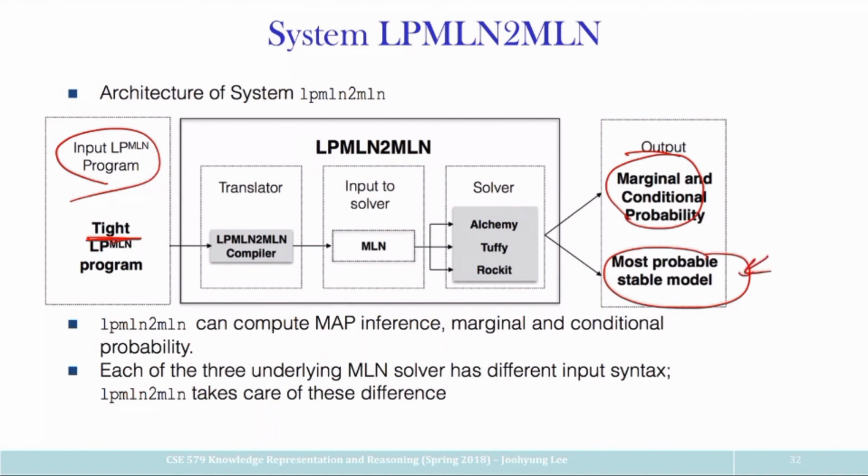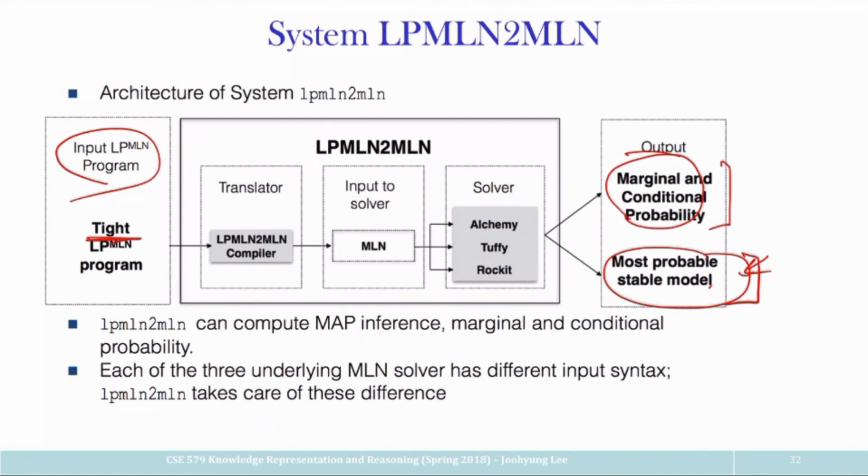But this computation is often time-saving. If you don't need to know the probability, but only need to know the most probable stable model, then this can be much faster than computing the probability. Okay, because it uses optimization techniques rather than enumerating all the probabilistic information.